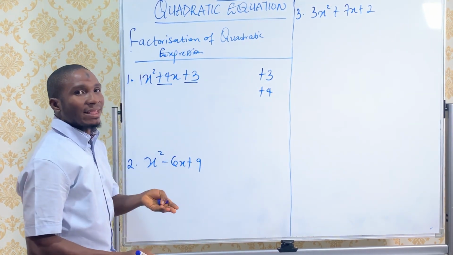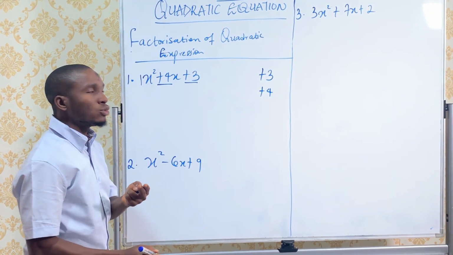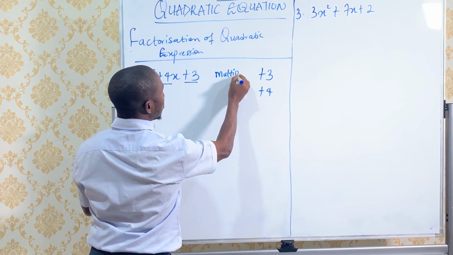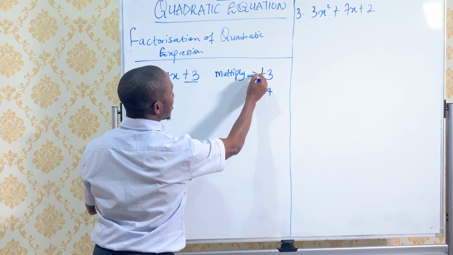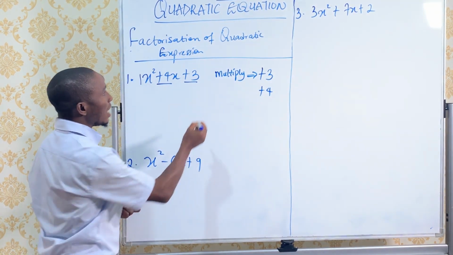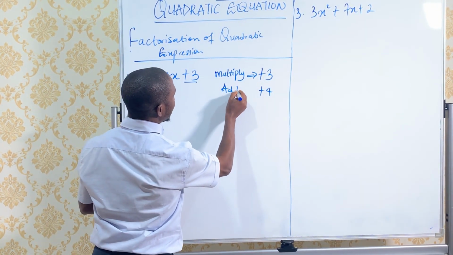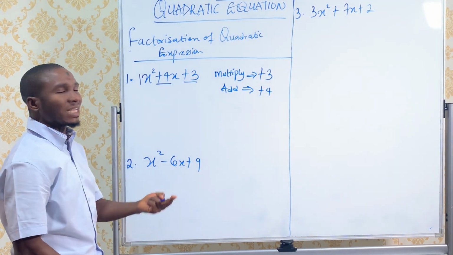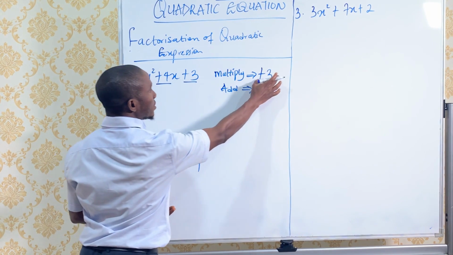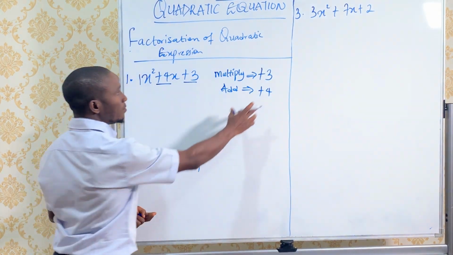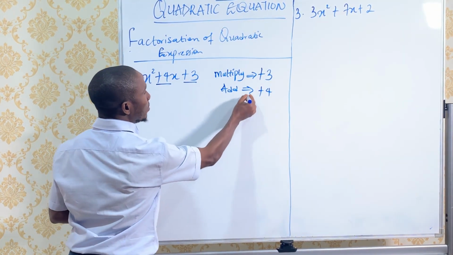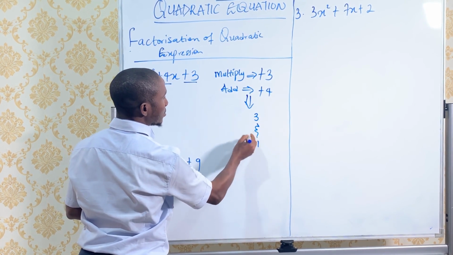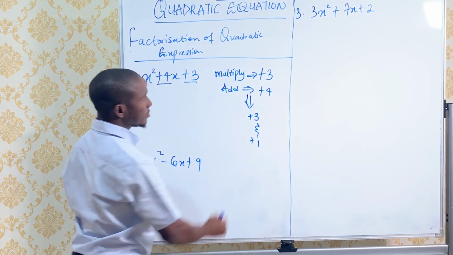Now you start thinking of two numbers. Think of two numbers that when you multiply them, you are going to have plus 3, and when you add them, you are going to have plus 4. The numbers are plus 3 and plus 1.